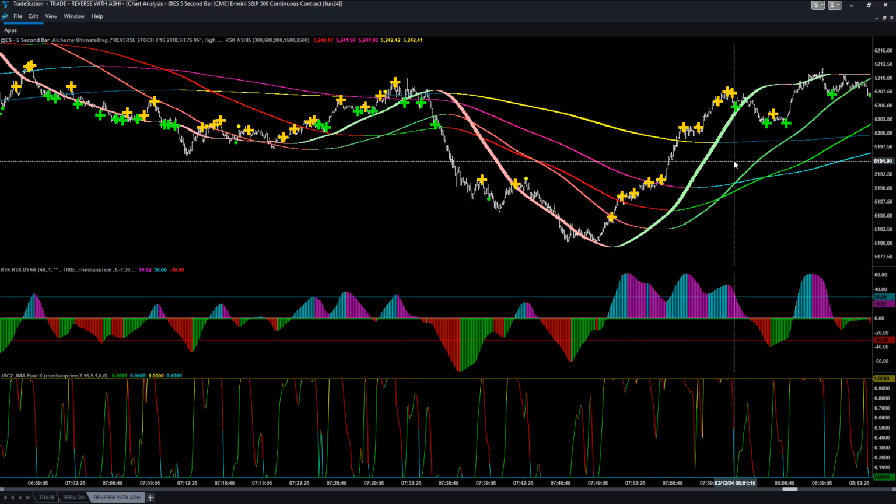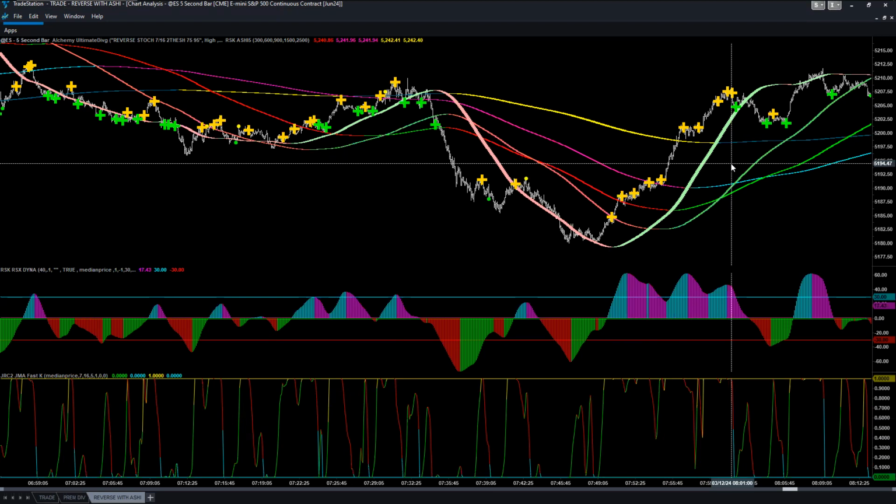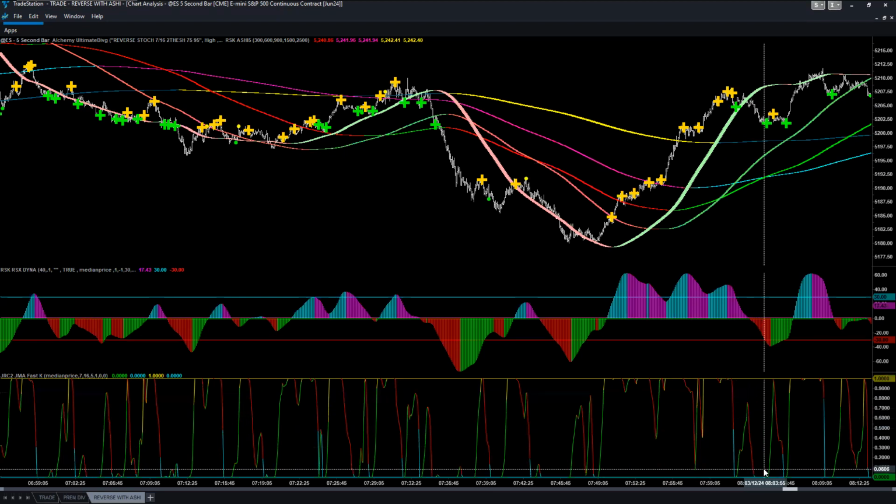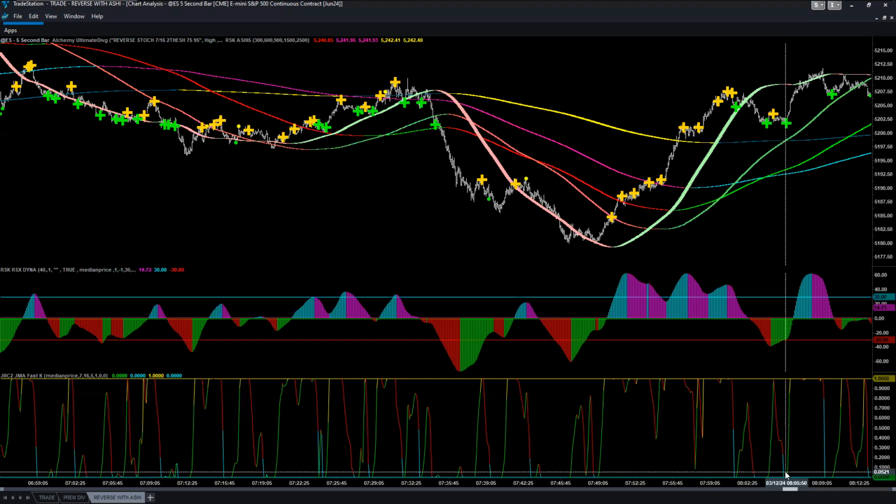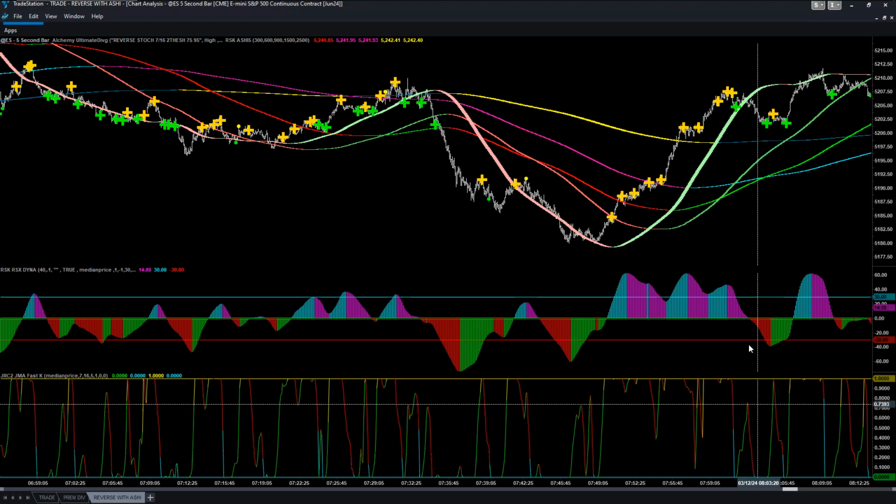You don't see a long trade until you're already way up there. Because these have got to be effectively below 0.05. That's when those trades are executing.